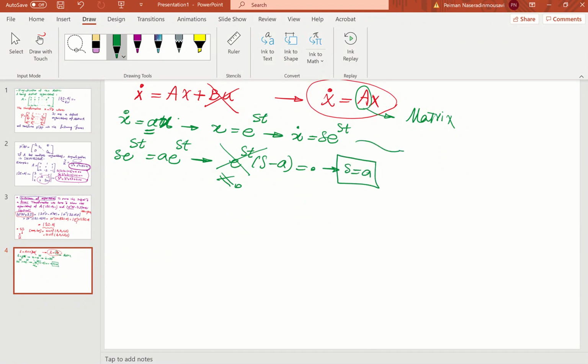So the general solution of this equation x of t was e^(at). But A here again is a number, a scalar, not a matrix.